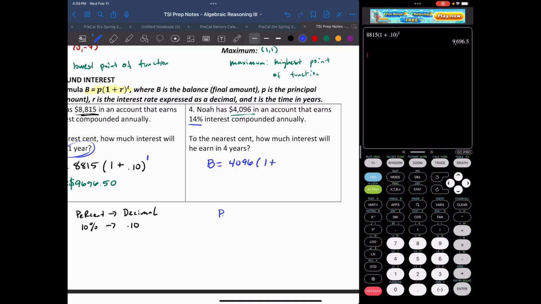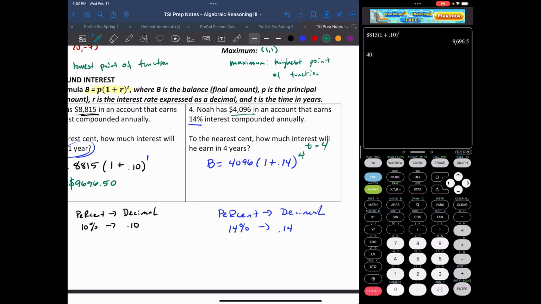So remember, percent to decimal. So we're going from 14%. If we move the decimal point to the left twice, then that would be 0.14. And then our time is 4 years.